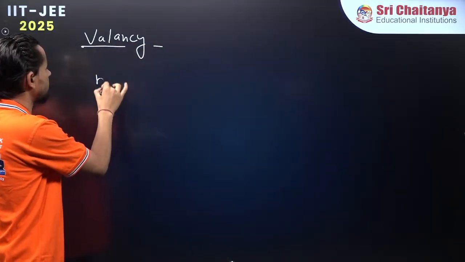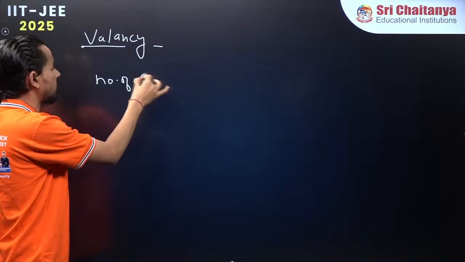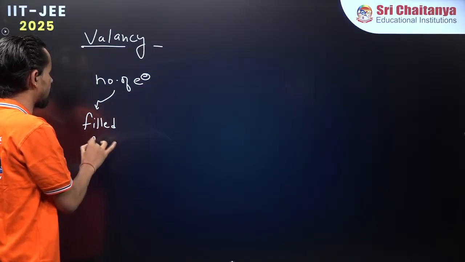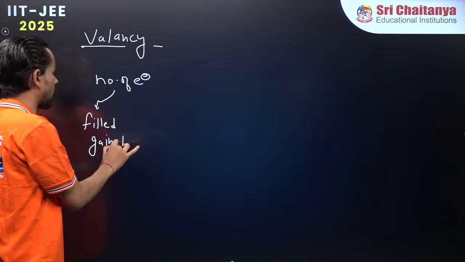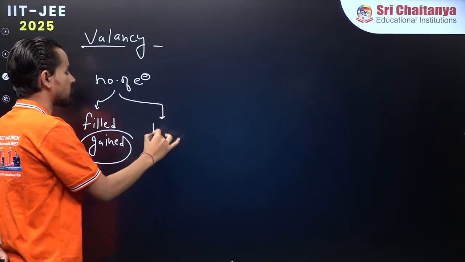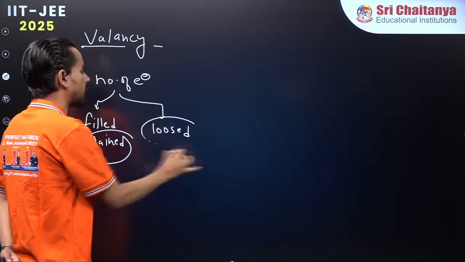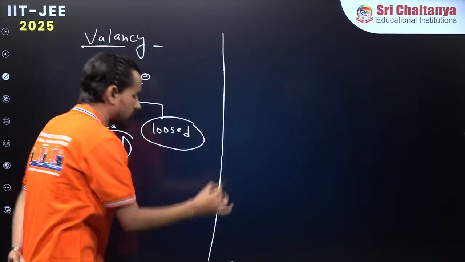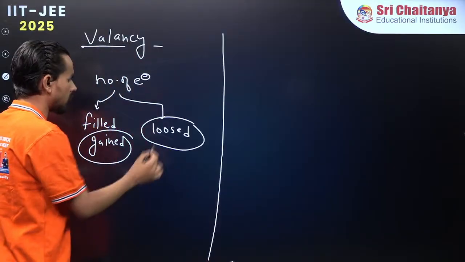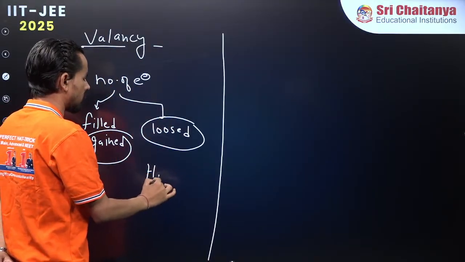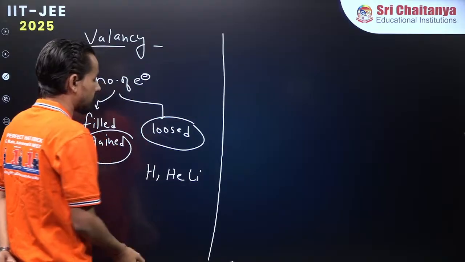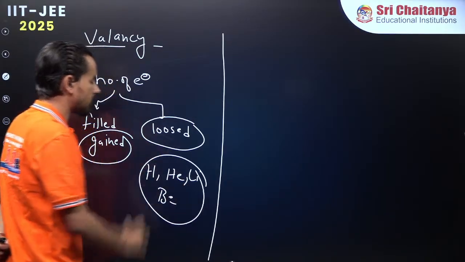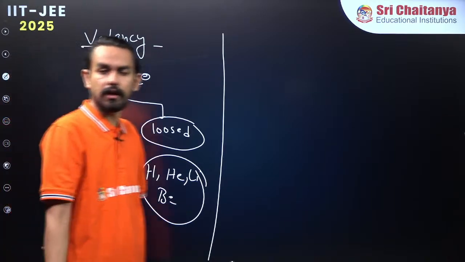That is the number of electrons that need to be either gained or lost in order to complete the octet or duplet of the respective element. And you know that hydrogen, helium, lithium, these go for duplet, beryllium also. These try to go for duplet by losing the electrons.